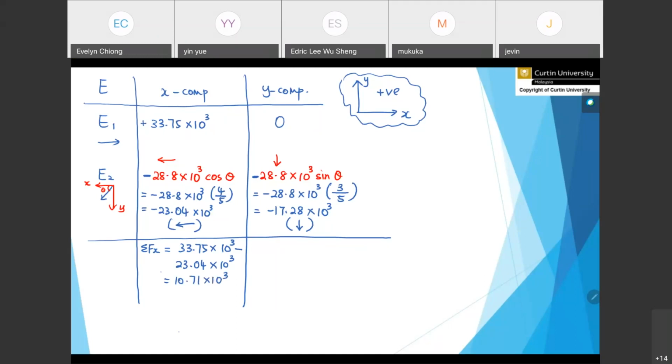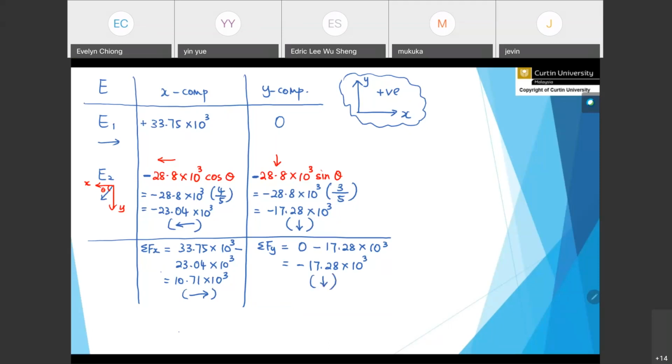It is positive, so where is it pointing? Positive, then I refer to my direction, pointing to the right. And when I calculate the net for the y component, I have 0 minus 17.28 times 10 to the power of 3. So I'm having negative 17.28. This means that it is pointing down.